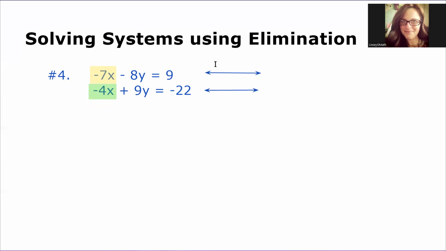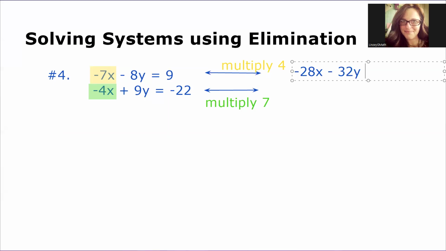What did we say? Top equation is being multiplied by 4. Multiply by 4. Every term, both sides. And the bottom equation will multiply by 7. Negative 7x times 4, we get negative 28x. Negative 8y times 4, and 9 times 4.